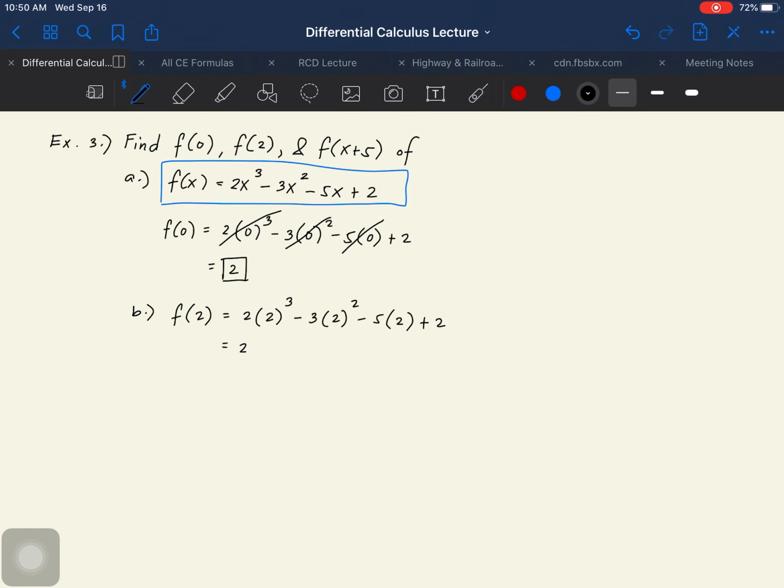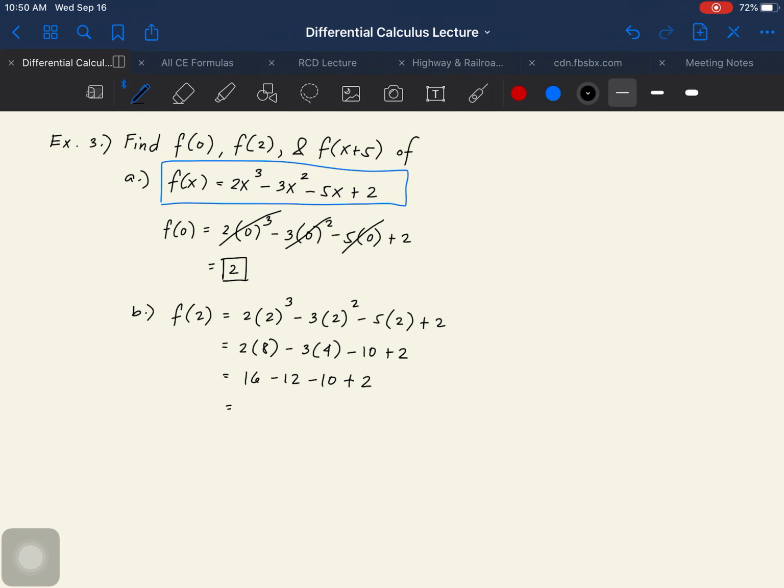So what is 2 cubed? That is 8. Minus 3, 2 squared, that is 4, minus 10 plus 2, this becomes 16, minus 12, minus 10, plus 2.